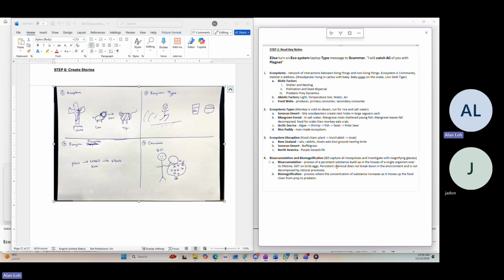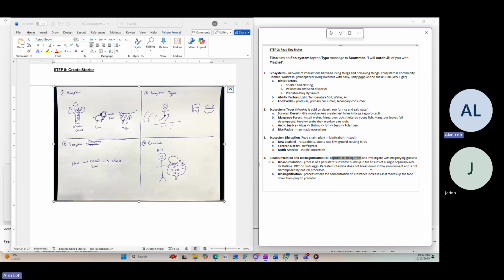Bill captures all mosquitoes and investigates with a magnifying glass. Bill triggers your memory that it is related to bio, and capturing mosquitoes triggers your memory of DDT and accumulation. Then Bill used a magnifying glass to investigate the mosquitoes.